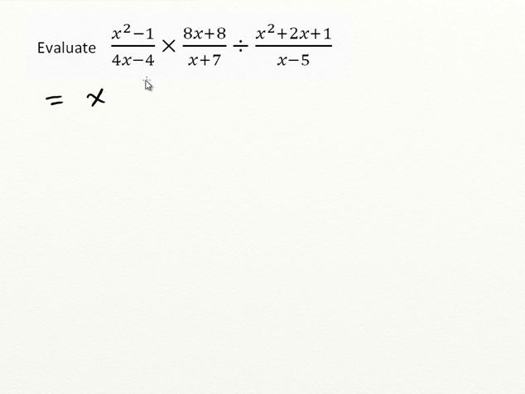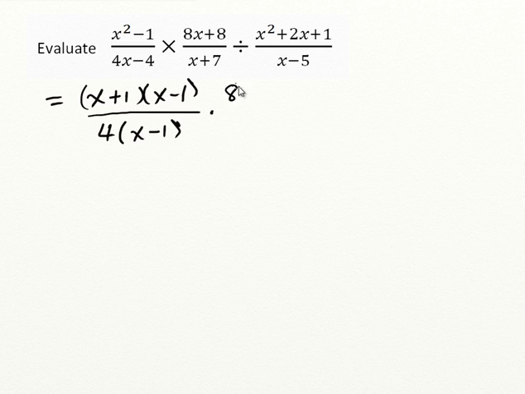So if I look at the x squared minus 1, that's a difference of squares, and I have x plus 1 and x minus 1 up top in the first fraction. Down in the bottom, if I take a greatest common factor of 4 out, that leaves me with x minus 1 inside those brackets, times 8x plus 8.